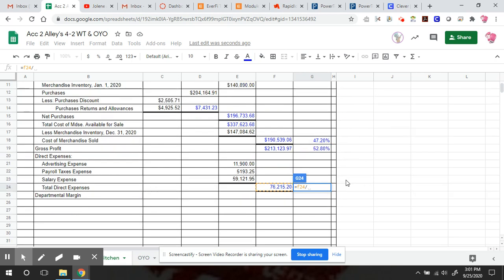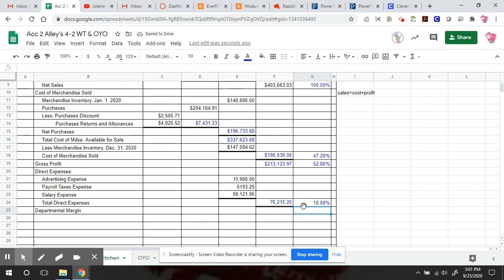F9. Enter. So it's telling me that for this department, out of my sales, 18.8%, 19% so to speak, goes to direct expenses for just the kitchen department.